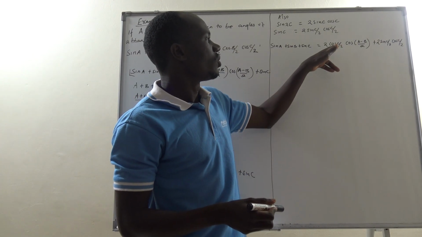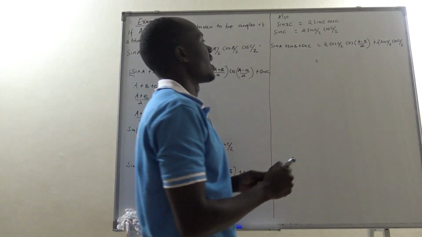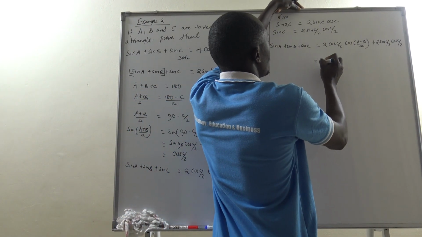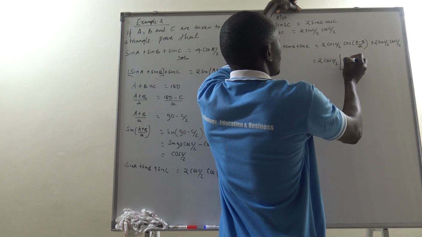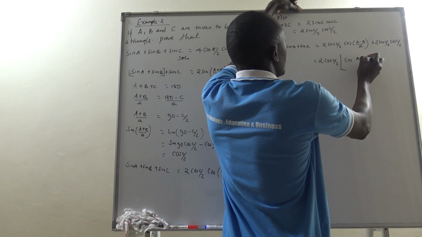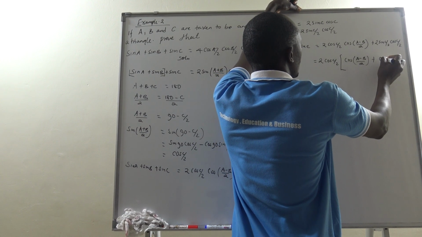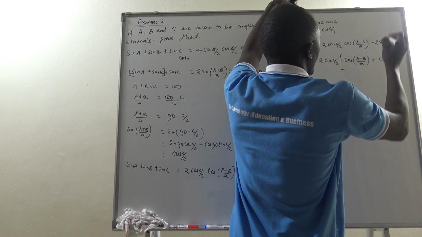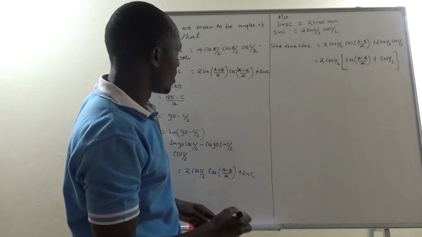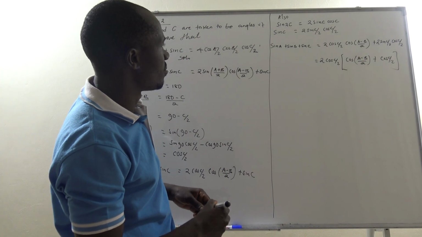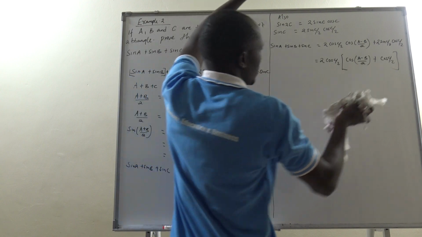I'm seeing 2 cos C by 2. Let's factor it out. So we are having 2 cos C by 2 into cos A minus B by 2, then plus cos C by 2. We have factorized out 2 cos C by 2, so we remain with sin C by 2.